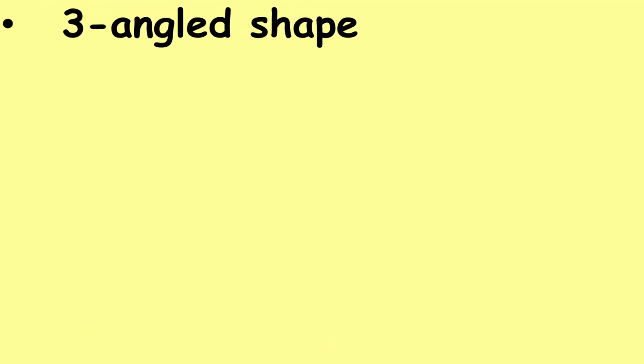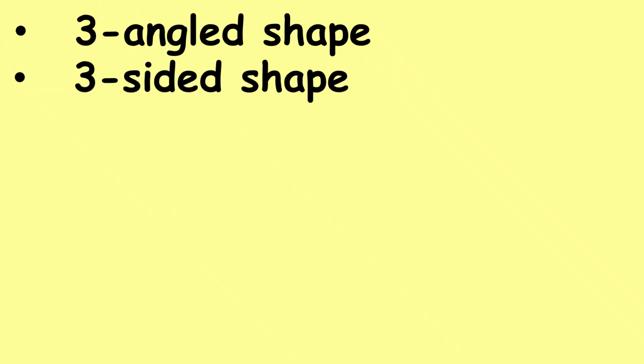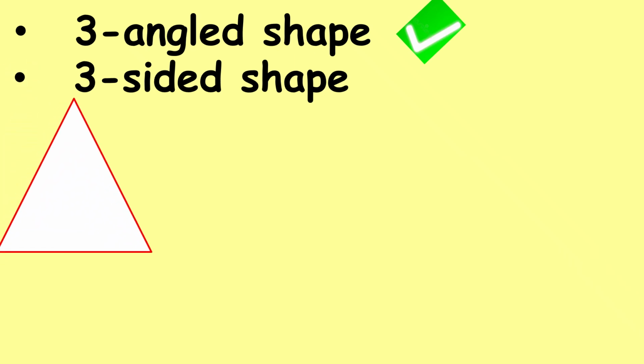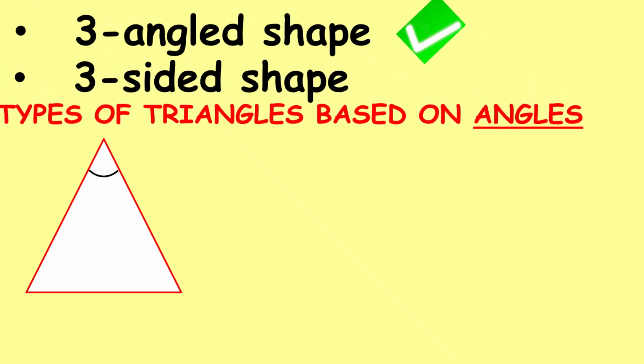So we'll be looking at the classification of triangles. We initially said that a triangle is a three-angled shape, and it is also a three-sided shape. So we will look at classifying triangles based on the angles.